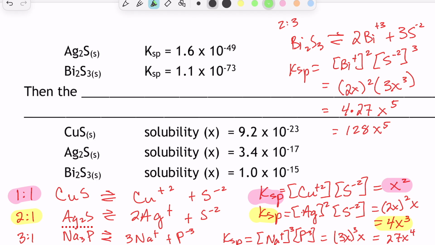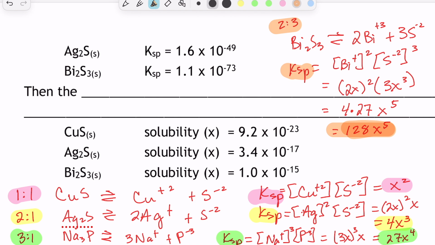For 3-to-1, Ksp is 27x to the fourth. And then last but not least is our 2-to-3, where Ksp is 128x to the fifth, which seems like a lot. But anyway, I just thought I would show you how mathematically that works out.